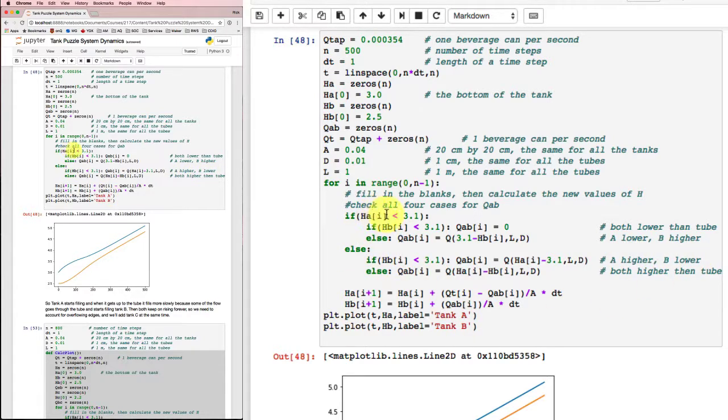Likewise, if tank A is above 3.1 and tank B is above 3.1, then the flow rate is going to depend on the differences between the levels in the two tanks.